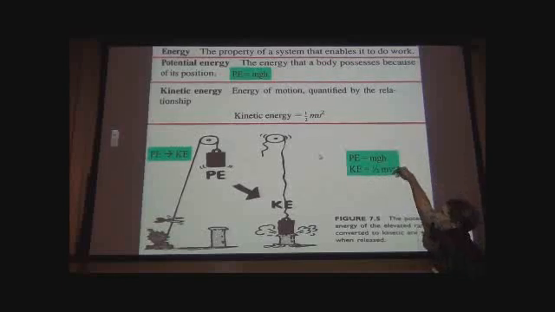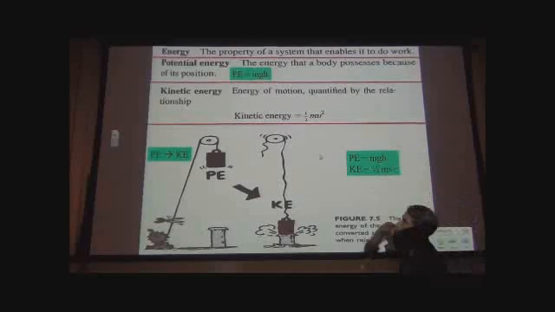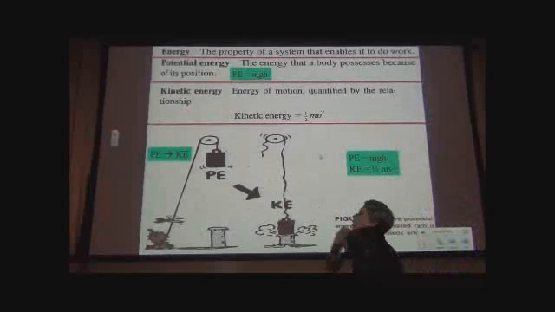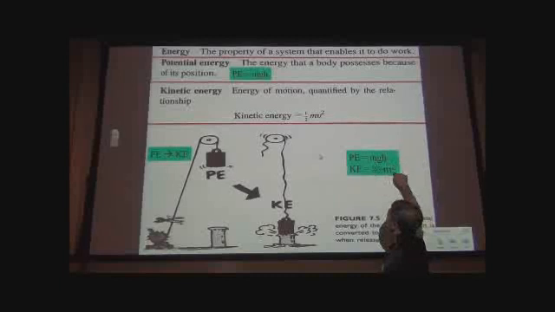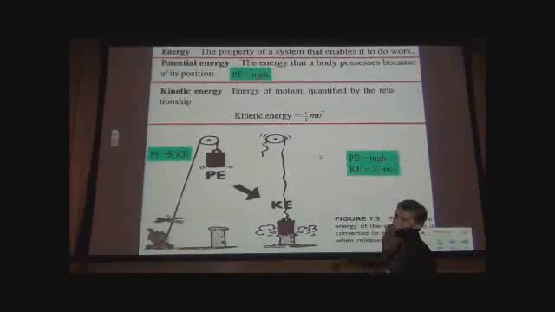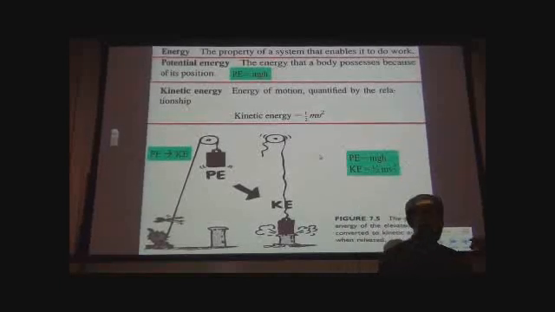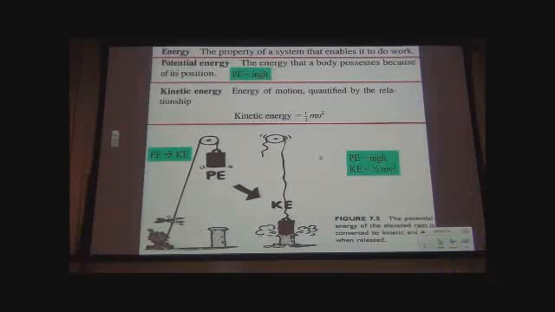So by equating the two, if you know the height from which it's falling, you should be able to figure out the velocity of the object, right? mgh equals half mv square, cancel out the m's, square root of 2gh gives you the velocity. In principle, I'm not asking you to be able to do it for this course, but I'm just letting you know how you would do it, right? I see looks of alarm.